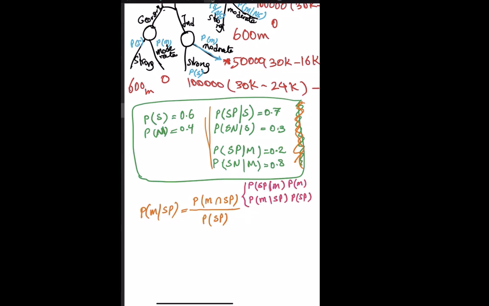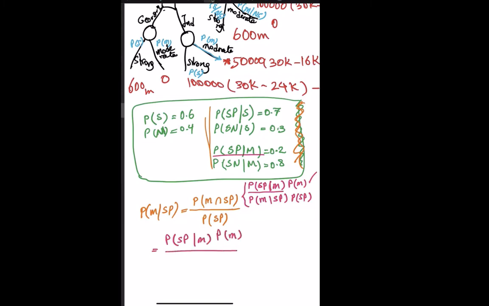Which one do I have to choose? We have the probability of M, and also the probability of SP conditioned on M. So I pick the first one. Then I rewrite the numerator as the probability of SP conditioned on M multiplied by the probability of M.